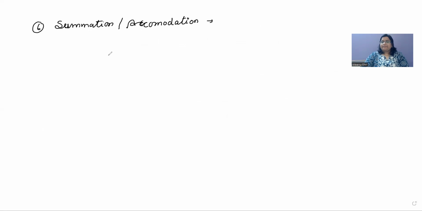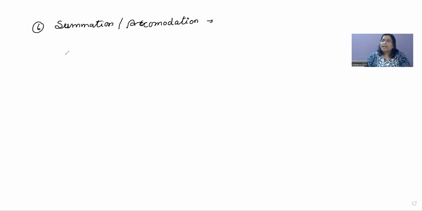Suppose a stimulus is at a sub-threshold level, the action potential cannot be generated. That I have explained. But when multiple sub-threshold level stimuli are applied in quick succession, an action potential will be generated.